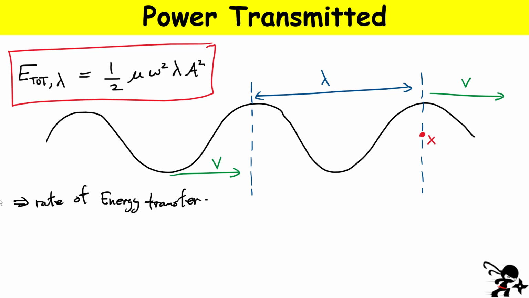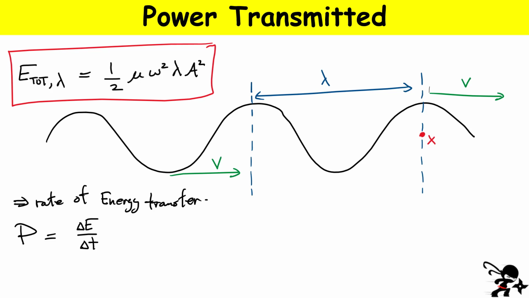So if I try to write it as an equation, well, my power is, what is the change in energy per unit time that goes by a specific point. Now we calculated how much energy there was in one of these wavelengths right here, right?